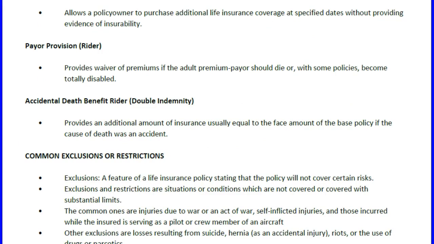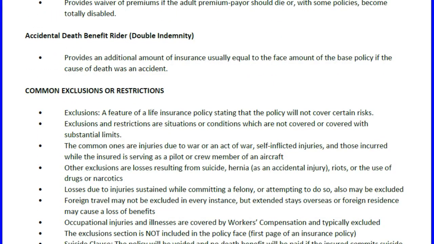Double indemnity provides an additional amount of insurance, usually equal to the face value of the base policy, if the cause of death was an accident. So with an accidental death benefit rider, you pay extra, and it pays double or triple if it's an accident.